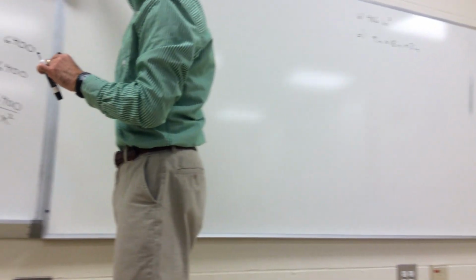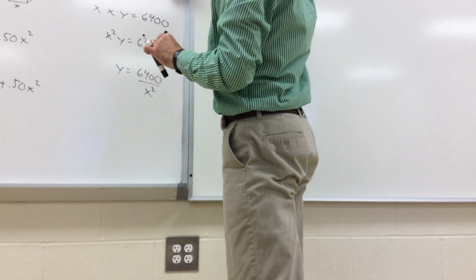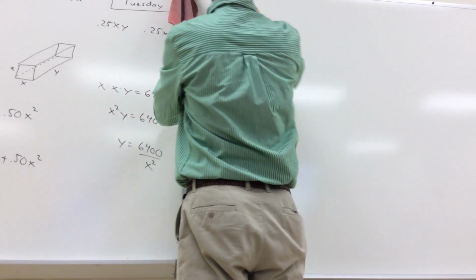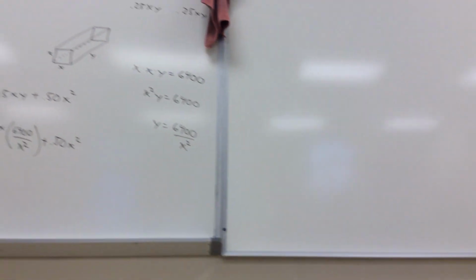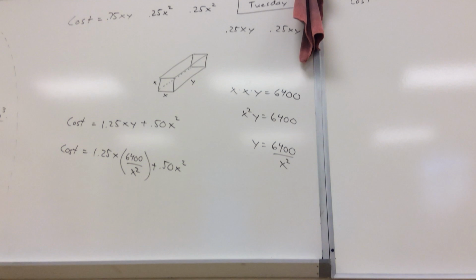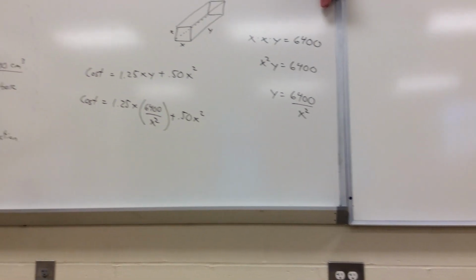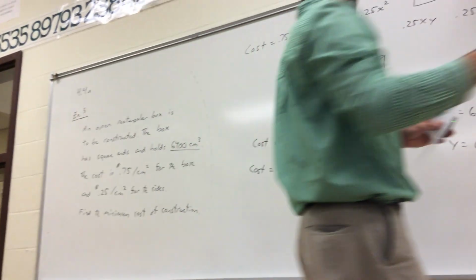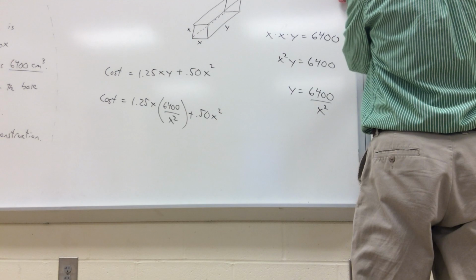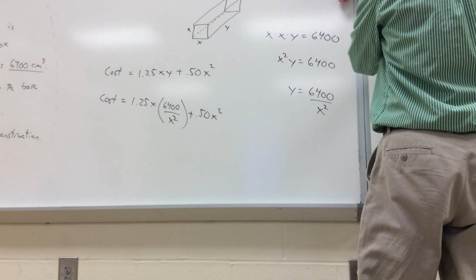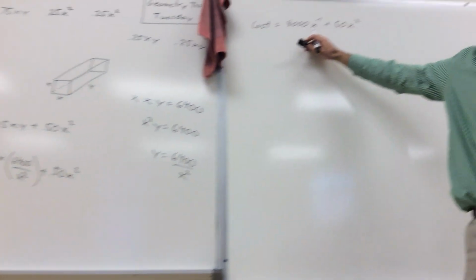So then my final cost equation, oops. I think I have 1.25 times 6,400 over here, 8,000. So there's my cost equation.